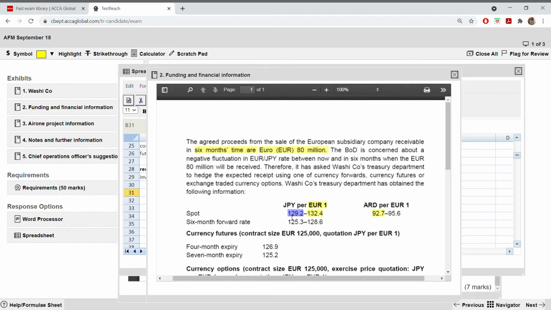If you want ARD per 1 Japanese yen, first you have to divide 92.7 by that. It is ARD per Japanese yen, not Japanese yen per ARD. So 92.7 divided by 132.4, or 95.6 divided by 129.2. That's how you are getting the price.